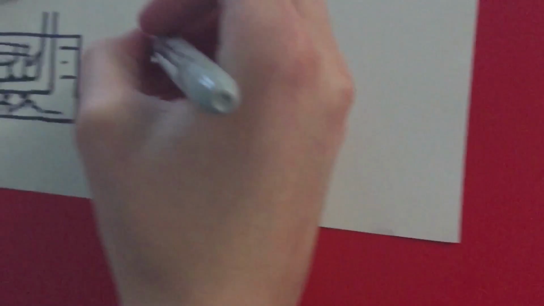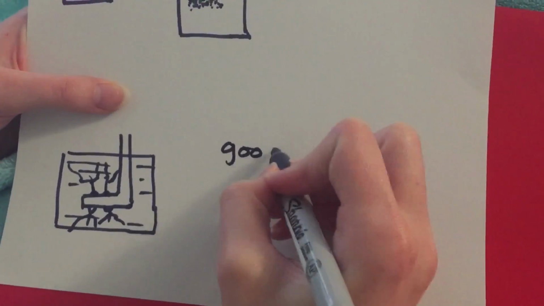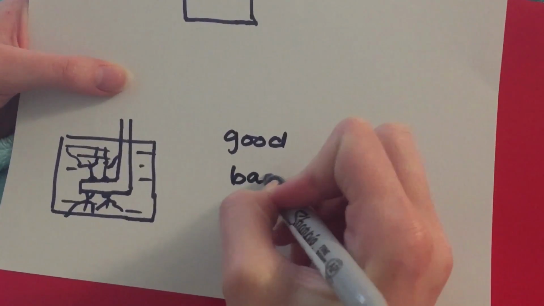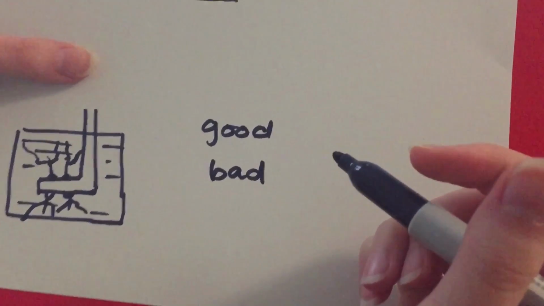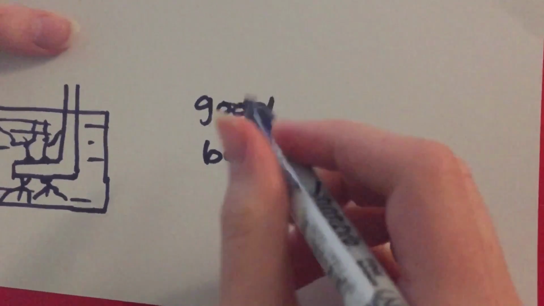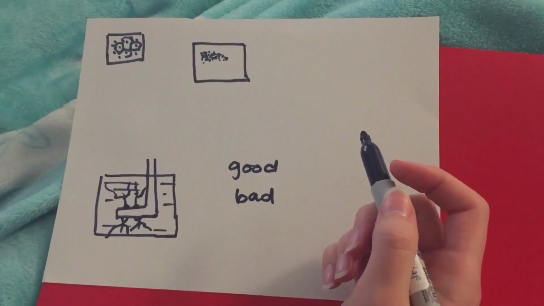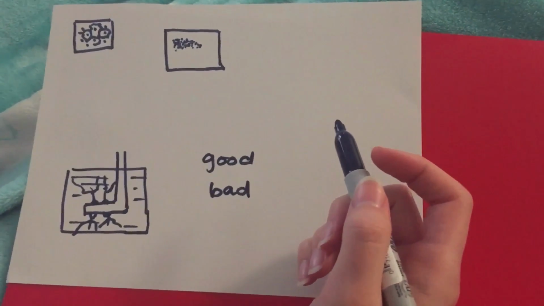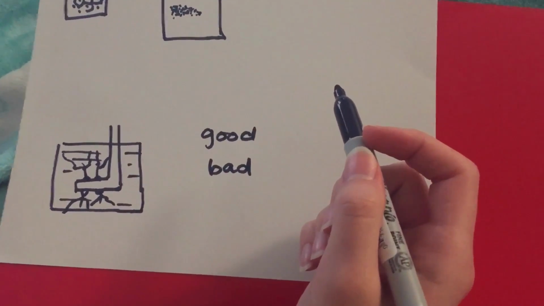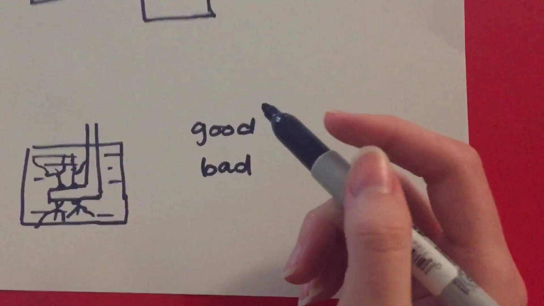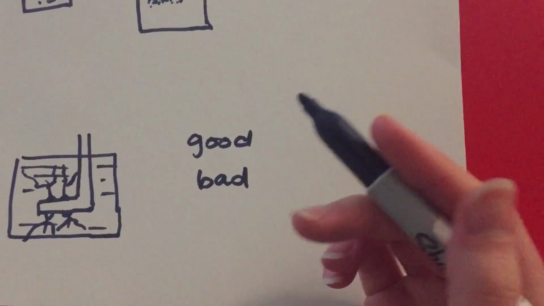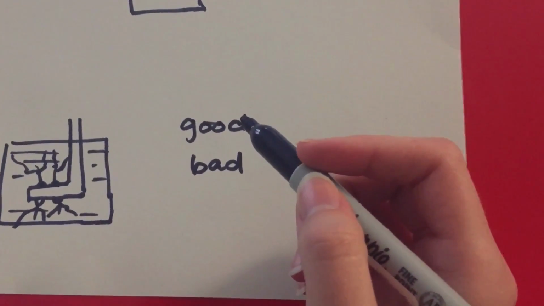So as for, is fracking good or is it bad? I've learned both so far. It's good in the sense that we can access resources that we weren't previously able to access, which extends our lifetime of using petroleum.